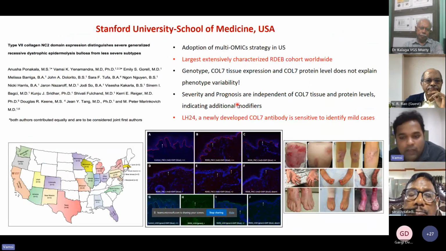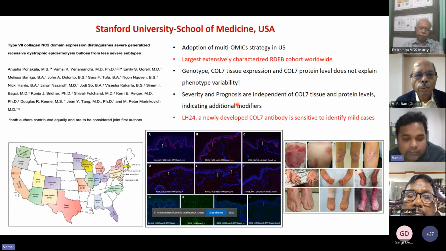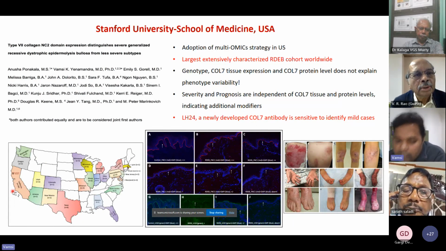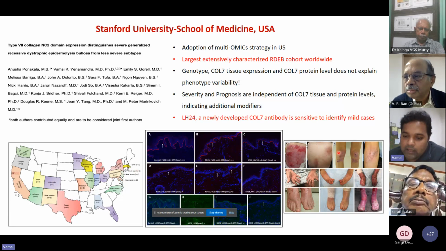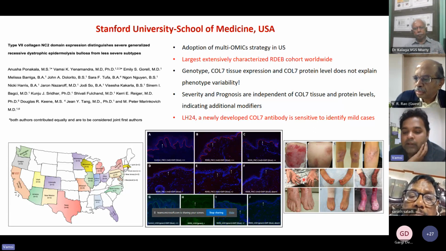And taking the study after his death to Stanford, we had the fortune to now characterize another patient cohort that is developing in the US, right from the west to the east, where we see that in dystrophic EB specifically, pseudosyndactyly has three manifestations. Either it is not there, partial, or complete.